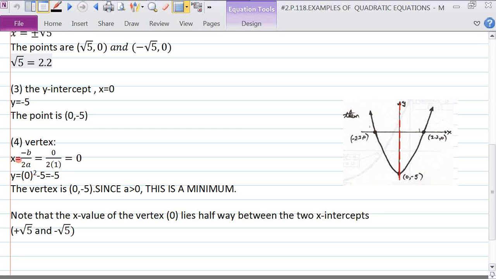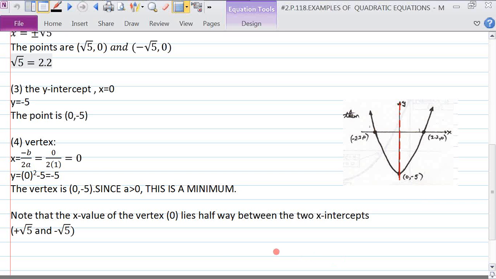Now, the vertex. We calculated the axis of symmetry, and we plug this into x squared minus 5, so we get 0 squared minus 5. So 0 minus 5. The vertex is 0, minus 5, which is this point right here, which happens to be the same as the y-intercept.